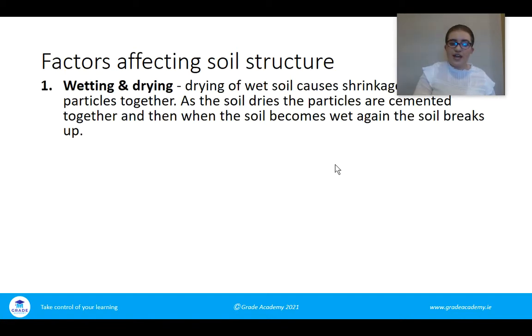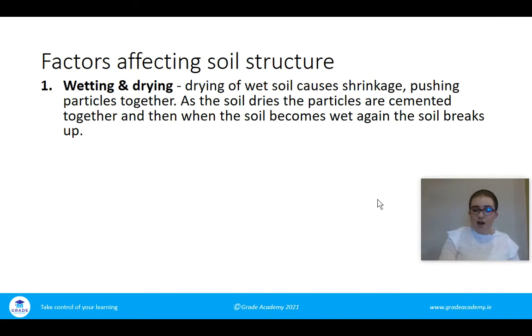So wetting and drying will cause the shrinkage of particles. They're going to be wetting, expanding, then shrinking. So very similar to the freeze-thaw action that we looked at in a past video.